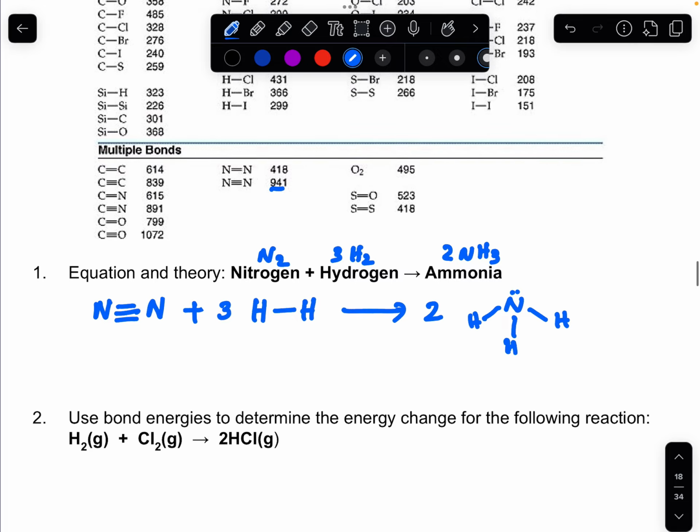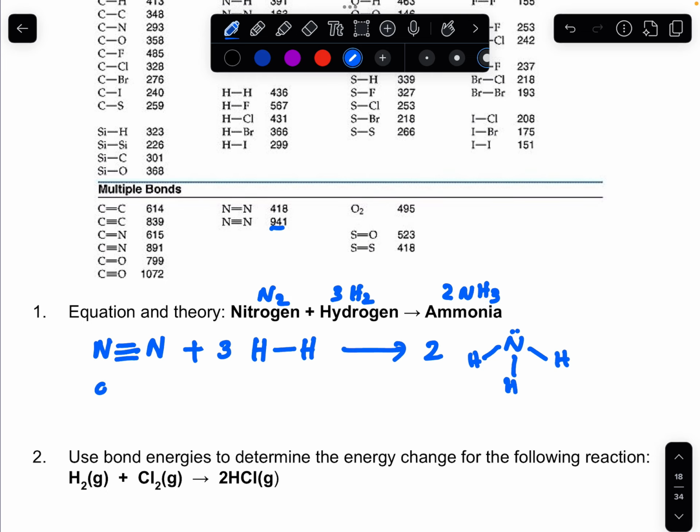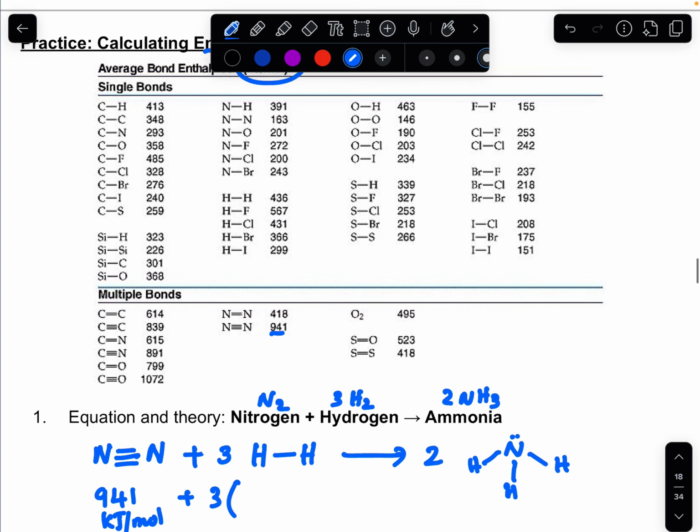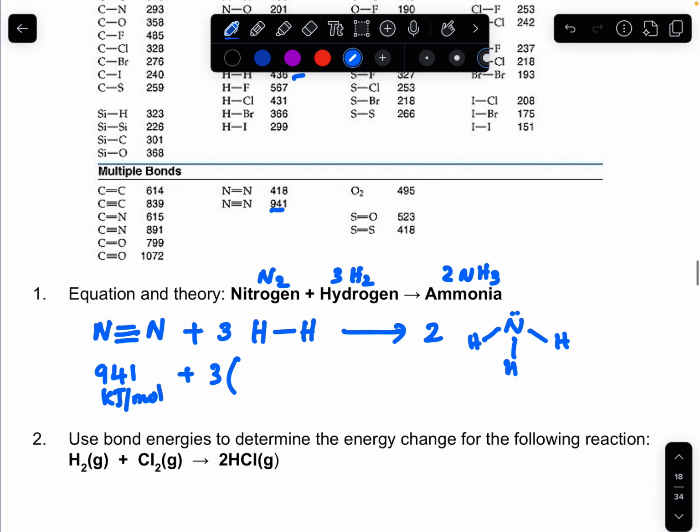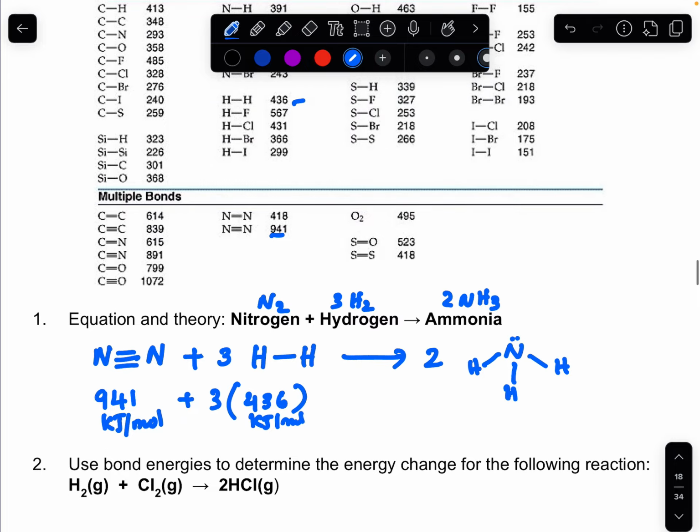So 1 mole of N2 is 941 kilojoules per mole first. And hydrogen, there are 3 hydrogens, so you have to multiply because only 1 mole is given in the table, which is 436. So you multiply by 436 kilojoules per mole. Whatever value you get, that is the bond energy of the reactants.